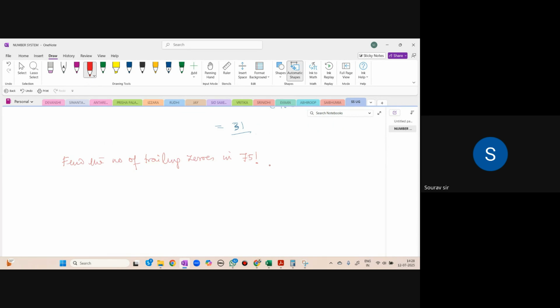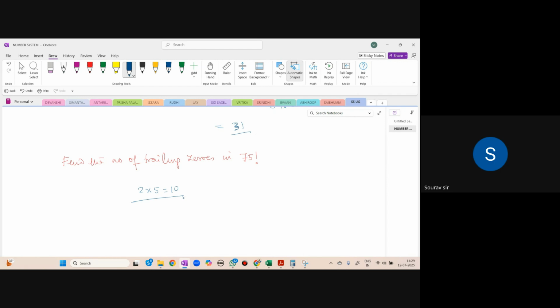That means how many zeros will appear at the end of 75 factorial. Now, how does a zero happen? We have to find the number of 5 in 75 factorial because 5 into 2 is 0 and there should be 2 more than in 5.